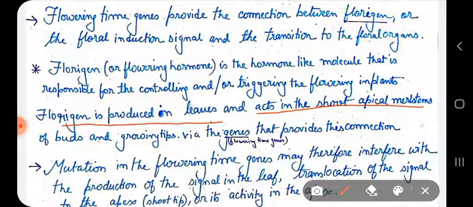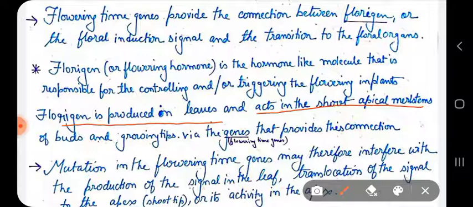It will provide that connection. So this signal molecule is mediated by the genes, the flowering time genes actually. So the flowering time genes provide that linkage between florigen and the floral organs.